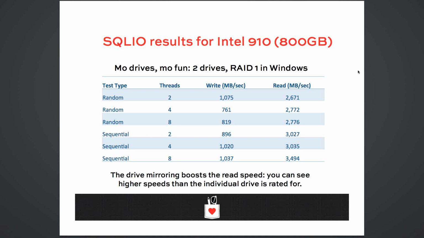You want to have pairs of these in your server because one of these drives can and will fail, just like hard drives fail. The vendors are always saying, hey, look, man, this will last nearly forever, and when it fails, it fails into read-only mode. SQL Server is not very good at handling drives that suddenly fail into read-only mode. So what you really want to do is RAID these together.